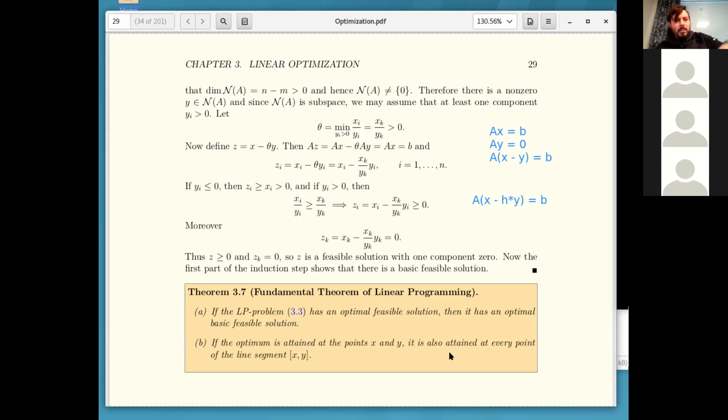So this is the trick that we do: we take something from the null space and we just push the solution vector to a point where one of its components becomes 0. Well then, we found a solution such that ax equals b and one of the components is 0. Now we can remove the corresponding variable and the corresponding row from the matrix, and we are back to the inductive hypothesis, and we can find a basic feasible solution.